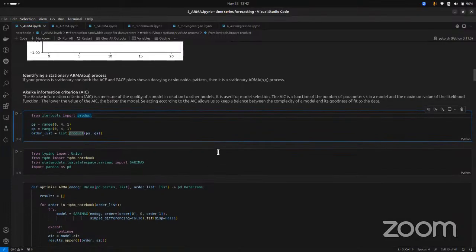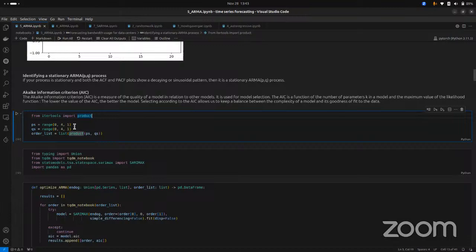So now that we have a metric, what are we using it for? We're using it for model selection. Since we don't know what P and Q values to use, we're going to iterate through a whole lot of P and Qs.